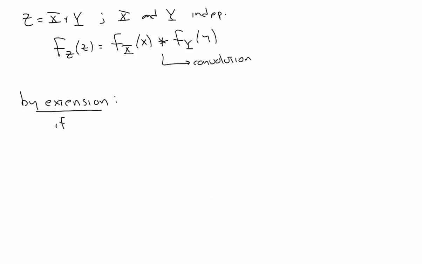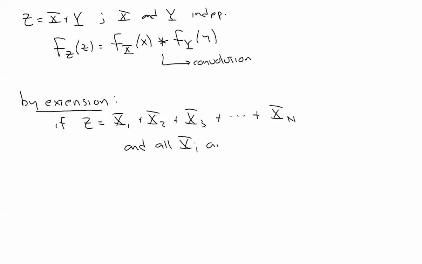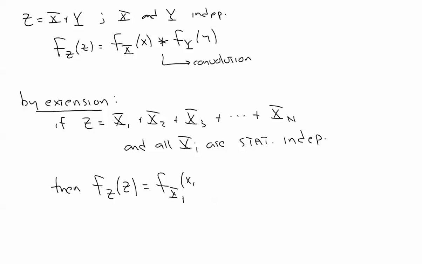By extension, if z equals x1 plus x2 plus x3 plus up to xn, and all random variables x sub i are statistically independent, then the probability density function for z is always just the composite convolution.